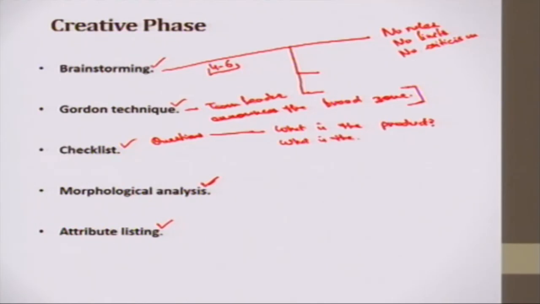What is the cost of the product? What does the product do? What else will do this job? What else is very important here? Whatever else is there, what does that cost? This is the other idea. In this way the list is made.